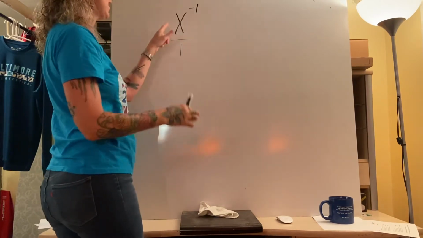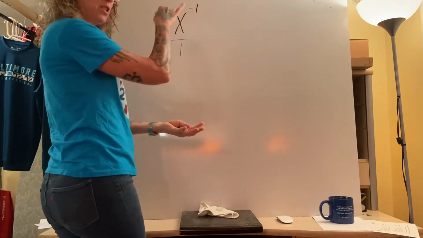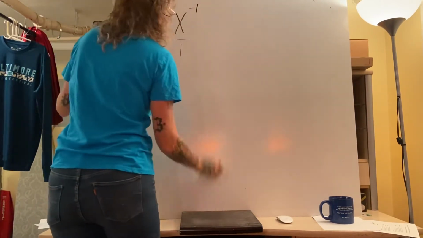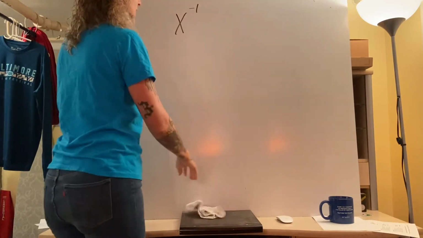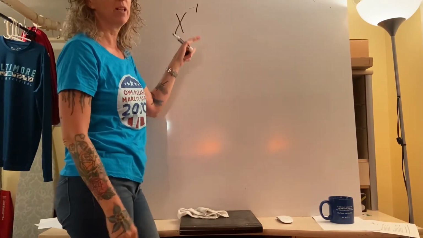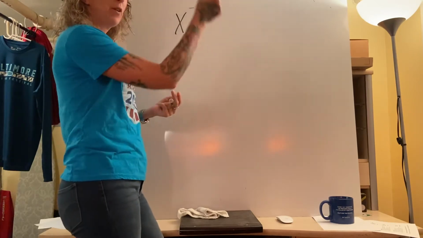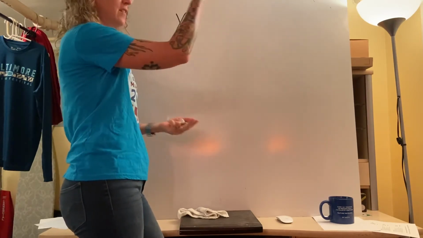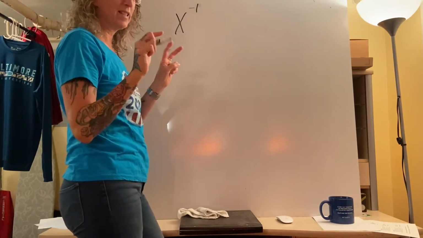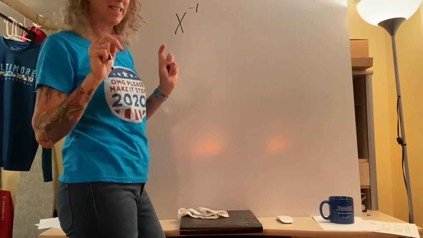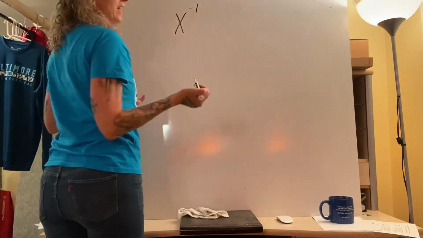So when you have x to the negative 1, that means you flip it. Because in math, you're not supposed to leave anything to a negative exponent. So when you're done simplifying, if you have a negative exponent, you have to get rid of that, or it's not correct. It's not mathematically sound. So you don't want to leave a negative exponent.